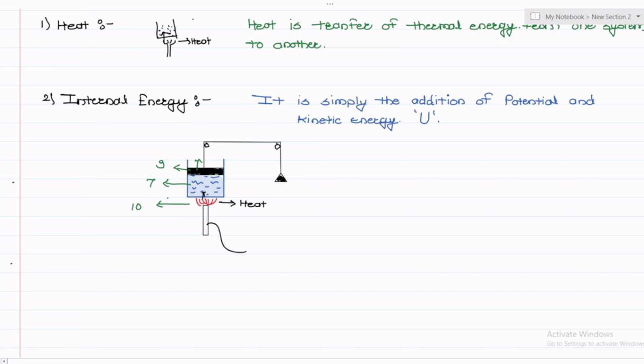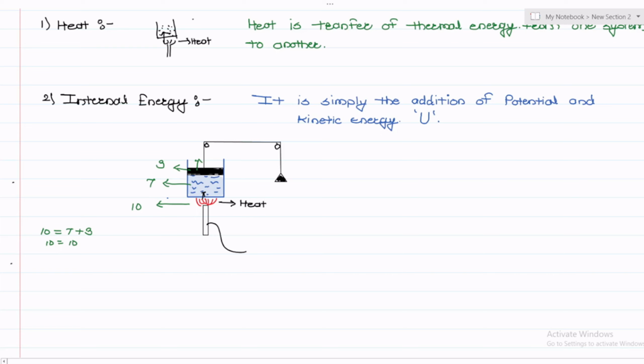so now see that total heat given to the system is 10 units. Okay, internal energy used up 7 units, then work done used up 3 units, means 7 plus 3 equals 10, means given heat is always equal to internal energy plus work done.